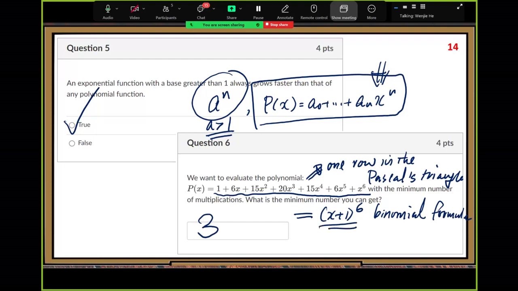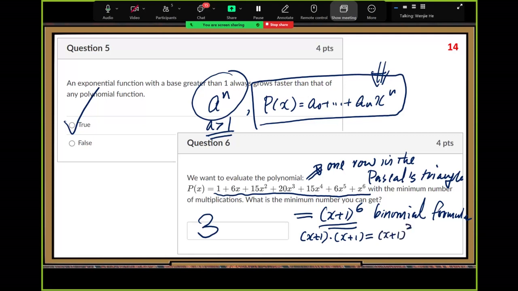How to calculate? We only need to calculate the number of multiplications. We do not need to calculate the number of additions, right? So you calculate the first multiplication, x plus 1 times x plus 1, and you get x plus 1 squared.